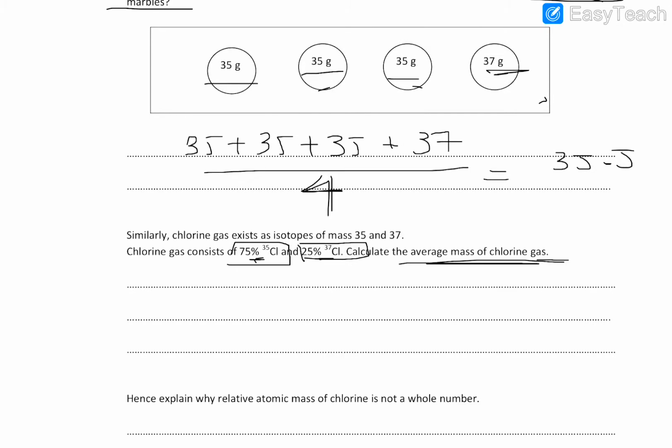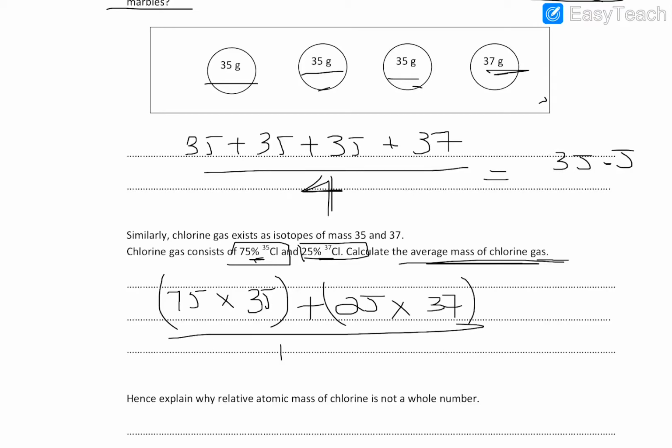Here we're talking about percentage, so it's in terms of hundreds. So 75% is chlorine 35 plus 25% is chlorine 37, divided by 100. That gives you 35.5.